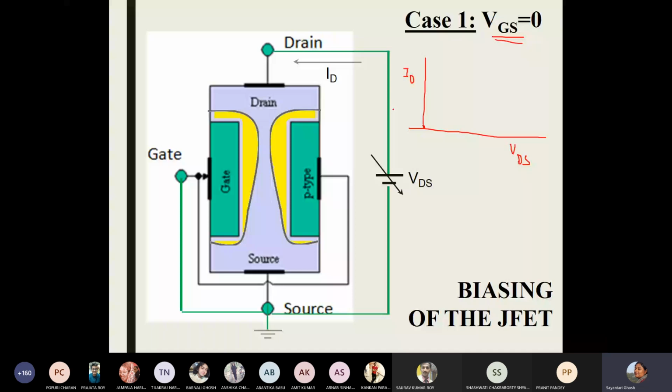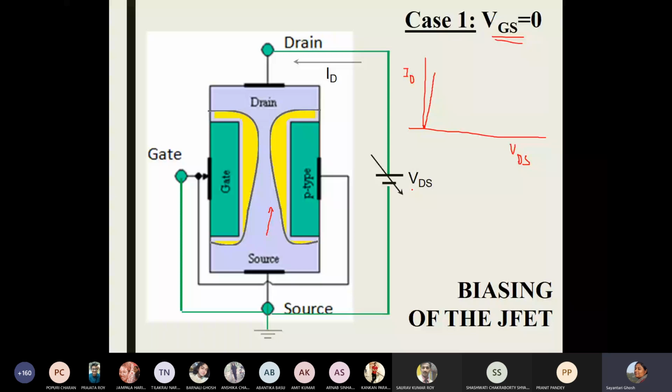Now, as I increase VDS, the force develops, the EMF is there, electrons get attracted towards the drain terminal, and consistently a current ID will develop in the other direction. How will the current increase? Linearly. The current will go on increasing almost linearly like this, just like the force is increasing.